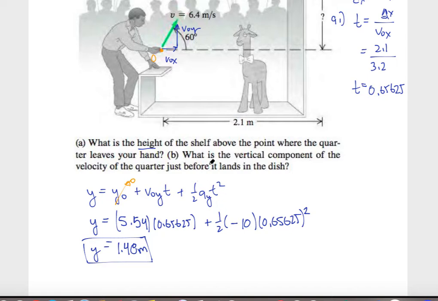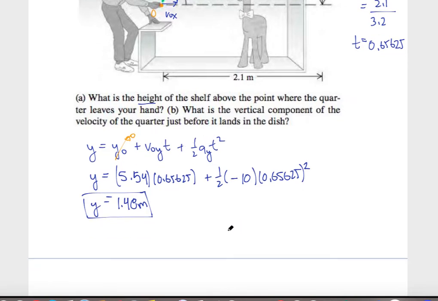So B says, what is the vertical component of the velocity of the quarter just before it lands in the dish? So we can actually go ahead and just use the first kinematic equation here. So Vy equals V naught y plus Ayt, with the fact that we know our V naught y to be 5.54. We know our y acceleration to be -10 or -9.8.